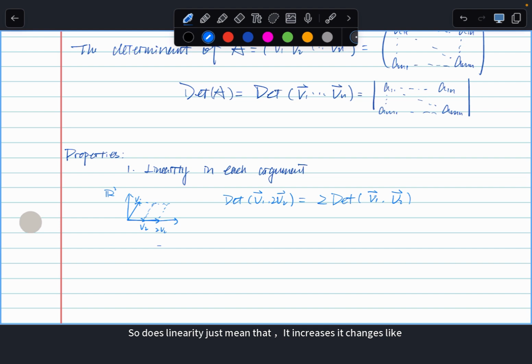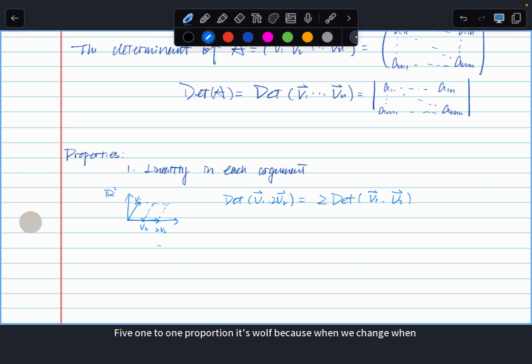So does linearity just mean that it increases? It changes proportional to, but the proportion isn't necessarily 1-to-1 all the time. Like in this case, really it is. But can you ever get a really weird shape, like if you have a trapezoid, changing one thing is not going to change it by a 1-to-1 proportion.